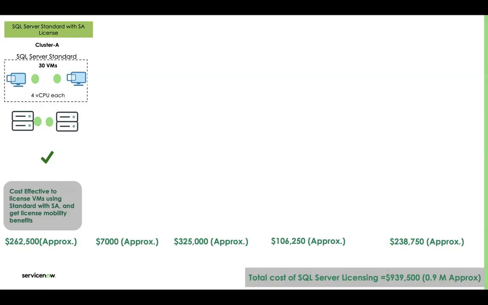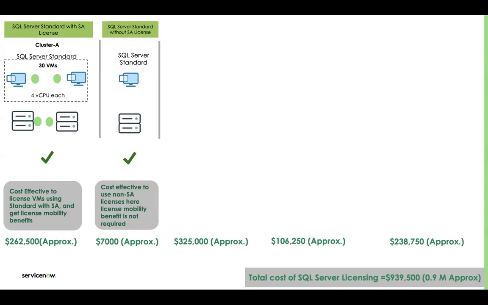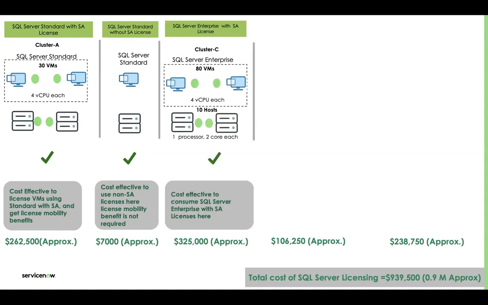There are 30 VMs which are moving across, and you get license mobility benefits here. Hence it's more cost effective to use SQL Server Standard with SA licenses. SQL Server Standard without SA licenses can be used on a standalone host, because you really don't require license mobility here, and hence it's more cost effective.